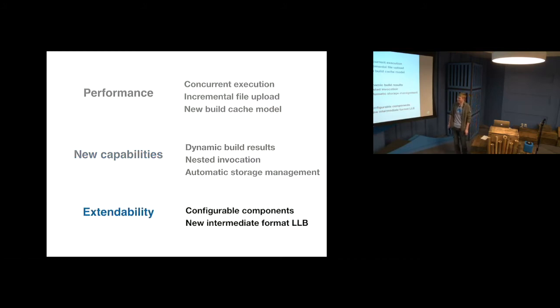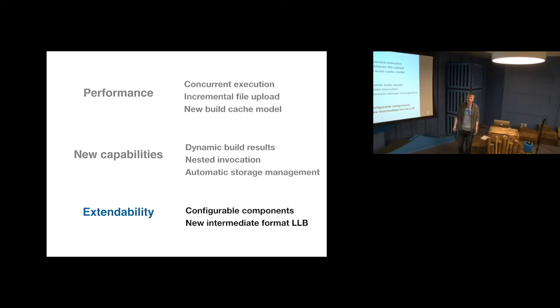And one last really important design aspect of Buildkit is what we have listed here as extendability. In the core of Buildkit, there's a new intermediate build definition format. It's a very low level format designed for machines to read, machines to execute, machines to generate.